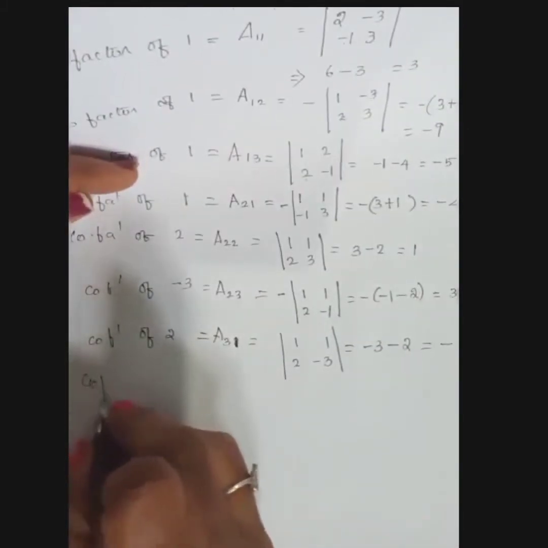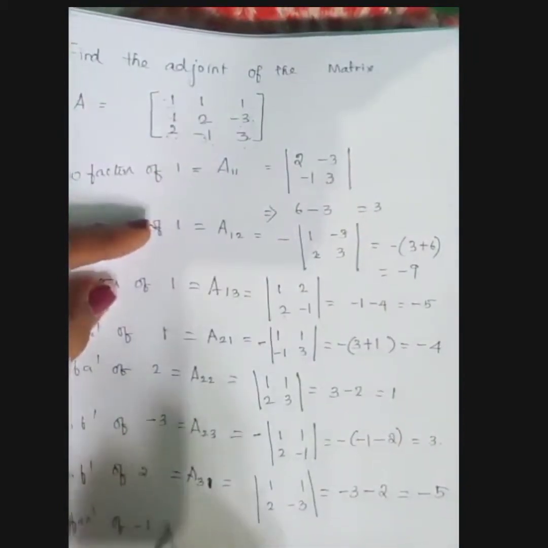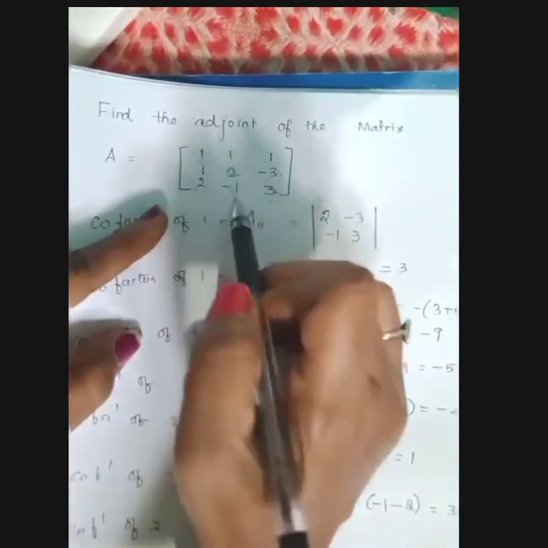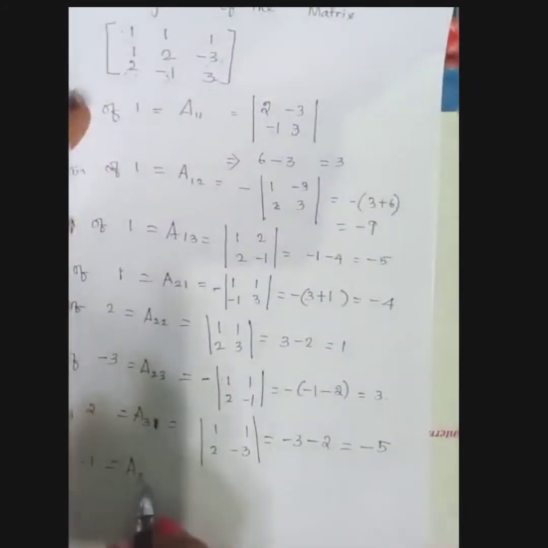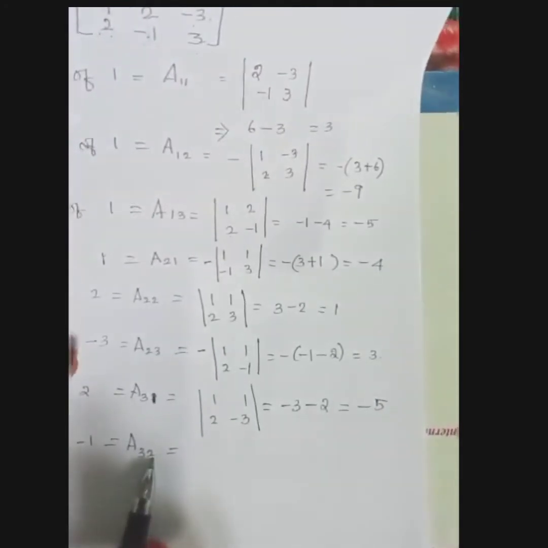Now the cofactor of minus 1. Minus 1 is in the third row and second column. So third row, second column, when you add these two you are getting 5, which is an odd number.